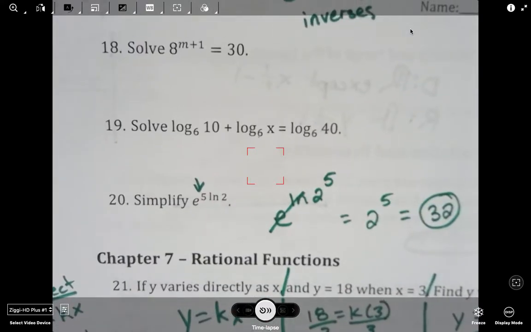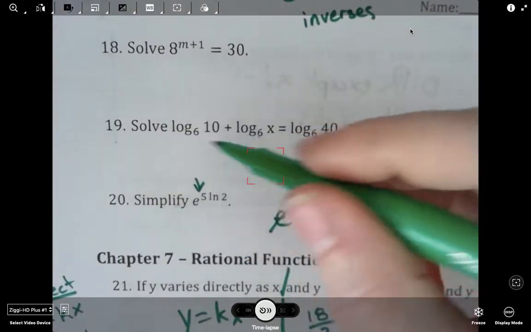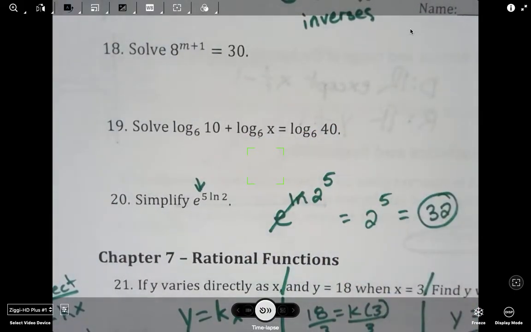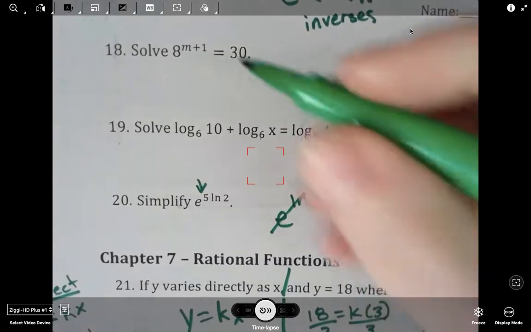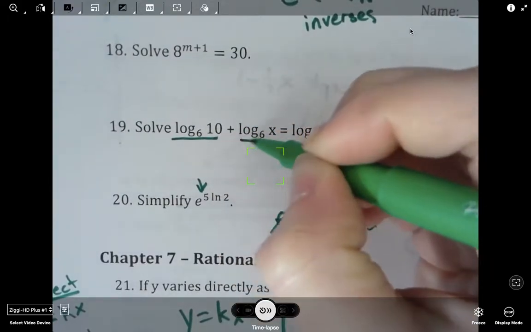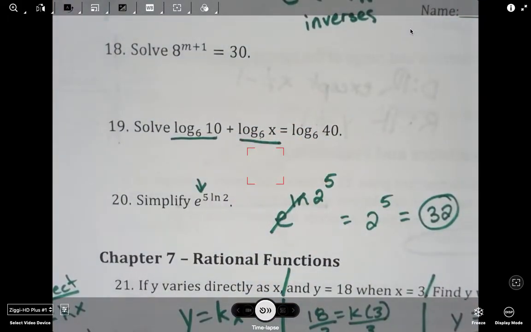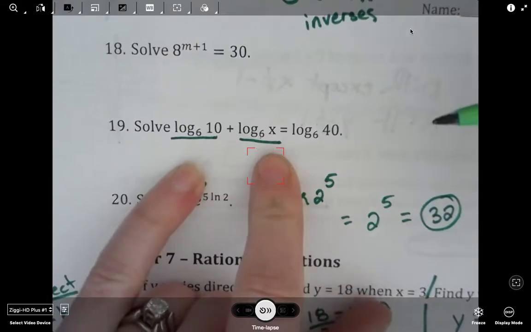All right, 19. Oh my gosh, there's a lot of log 6s there. They will not cross out. Not 3 of them, there's 2 of them. These 2 right here, what is separating those 2 logs on this side? Addition.